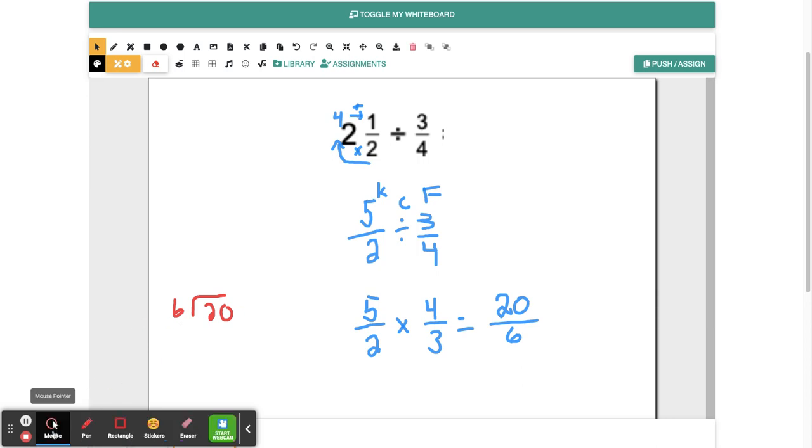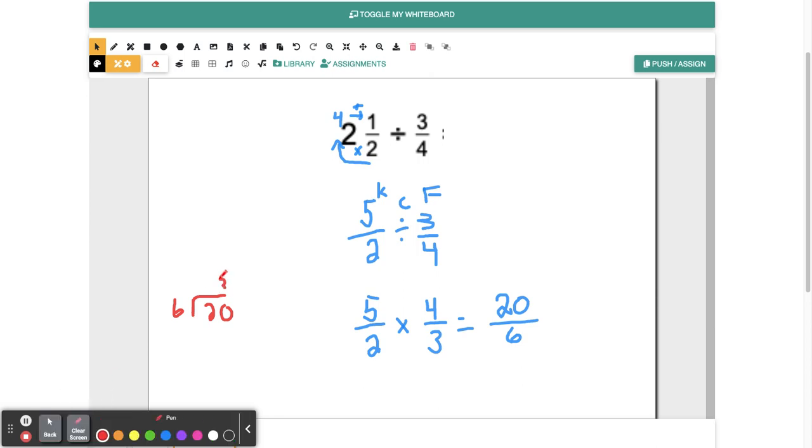If that's the case, I don't mind you using a calculator. I'm sorry, I meant to do 20 divided by 6. That's what we really wanted to do. 20 divided by 6 gives me 3.333. That's a big long piece of nonsense, but all I'm worried about is my 3.